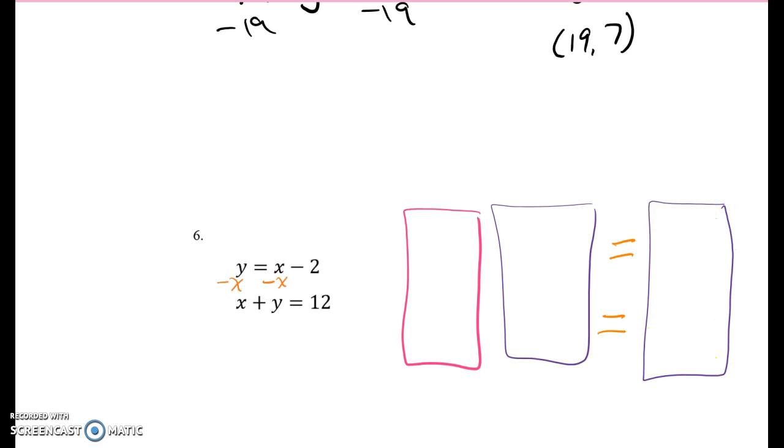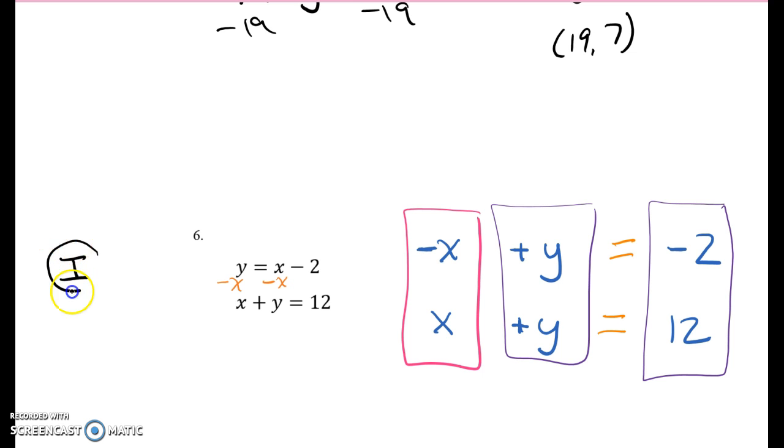So my first equation is now negative x plus y equals negative 2. And my second equation is x plus y equals 12. So what makes this work? By the way, that was step 1, which we will call put the terms in the correct places. I had to move that x over.